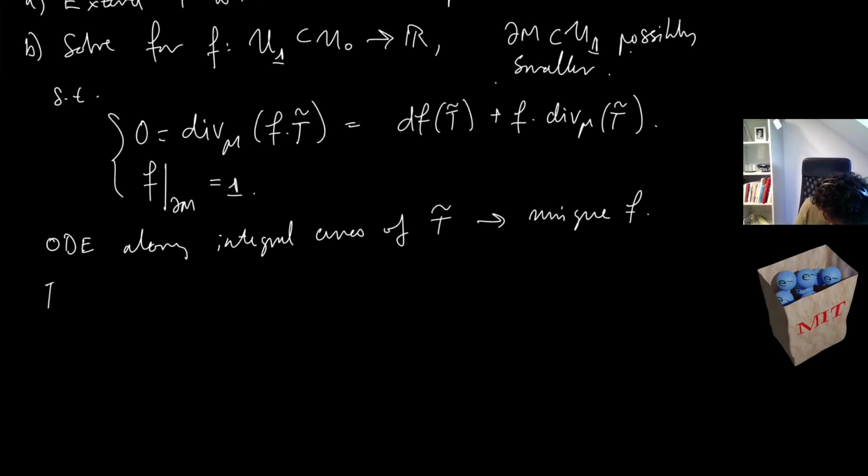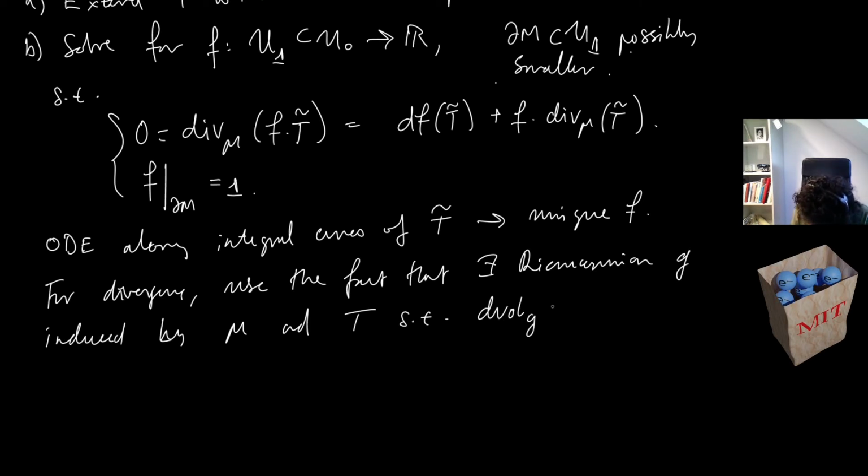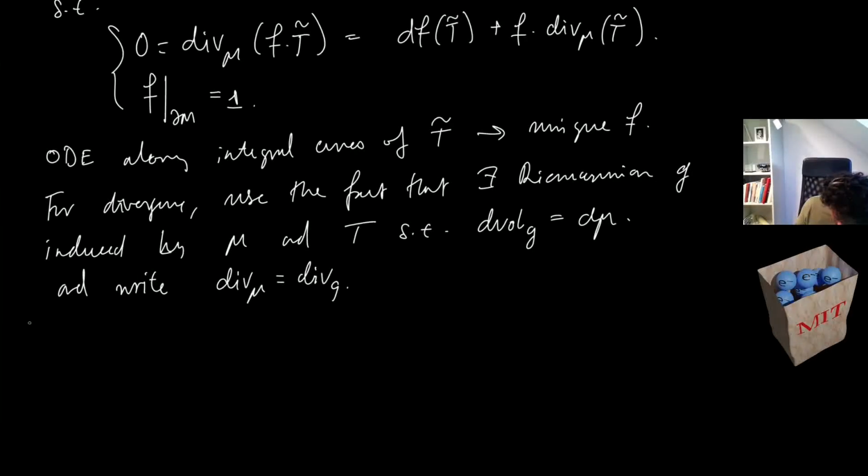Well, for divergence, use the fact that there exists a Riemannian metric G induced by mu and T such that the volume measure with respect to G is equal to d mu, and write div mu equals div G. Okay, so I'm sweeping a few of these details under the carpet, but that's how we would obtain the existence of that. And I'll remark on why we need this f in a second.